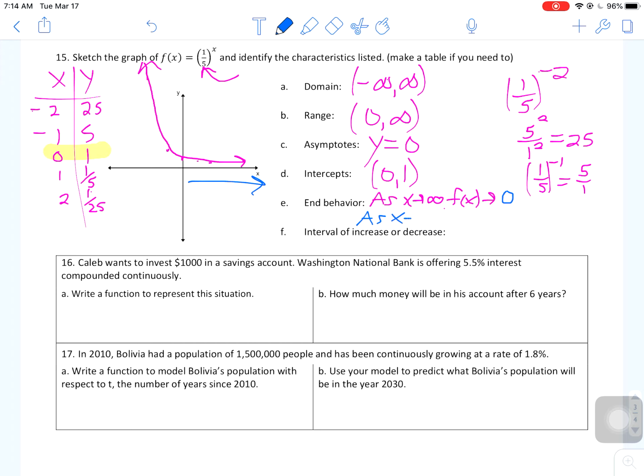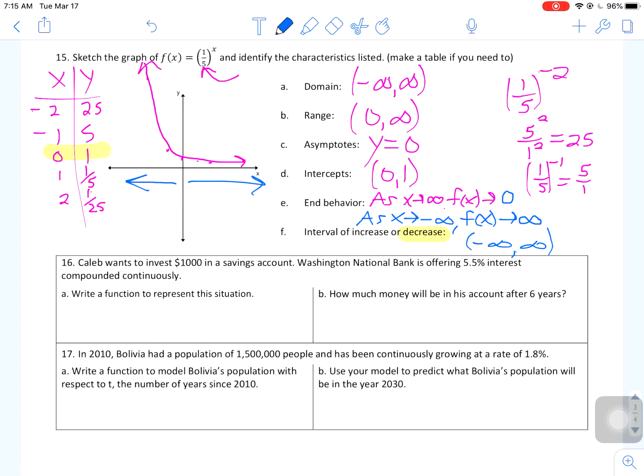As x approaches -infinity, so over here on this end, as x is getting smaller and smaller and smaller, that pink graph is going up and up and up and up. So our y values, our f of x values, are approaching infinity. And then that last one, it's an interval of decrease because it's decreasing the entire time, and it decreases across the entire domain. So -infinity, infinity.